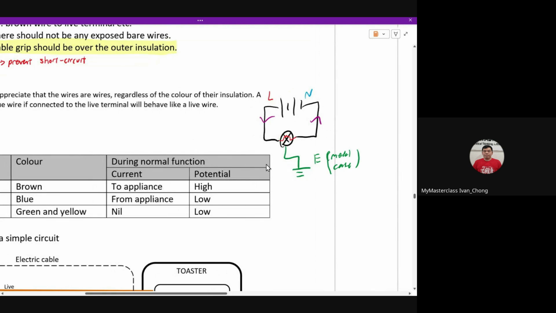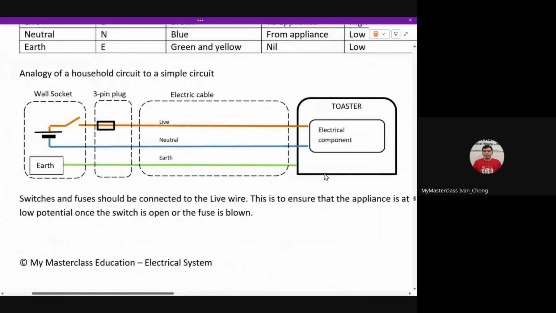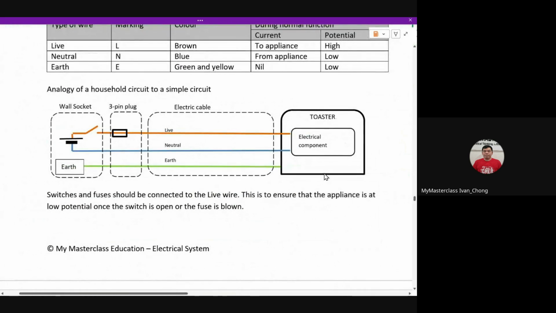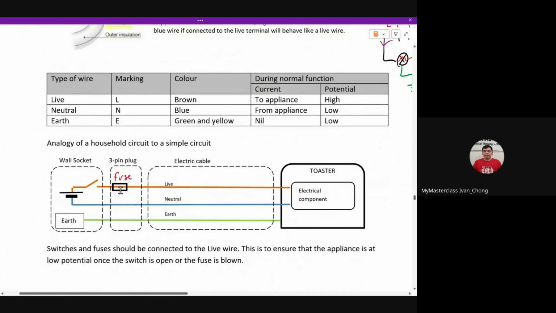Because normally, what do we touch? If we touch, for example, a spoiled light bulb, if we touch the metal case, we will get shocked. But with the earth wire, we won't get shocked. Okay. So you can see in this setup over here, you can just imagine this is your live wire itself. Oh, by the way, if you don't remember, this is your fuse, the thing on top. This thing here is a fuse. Okay.